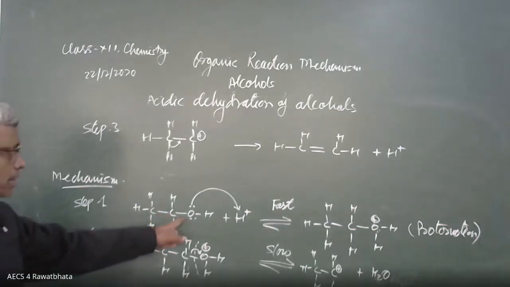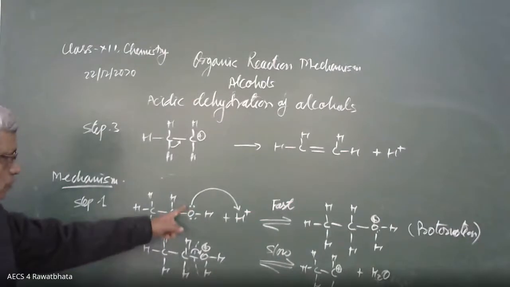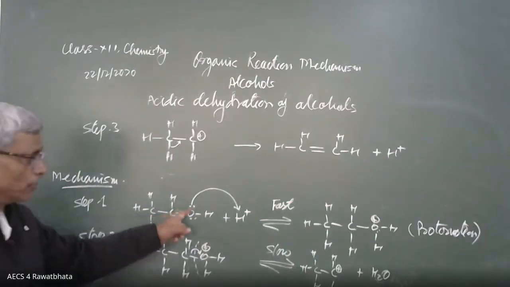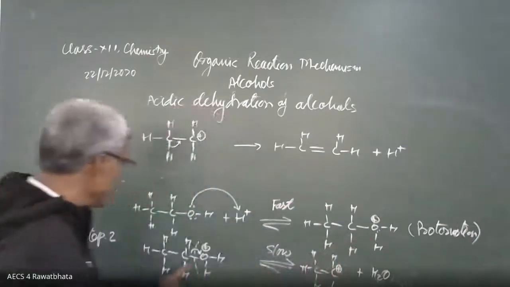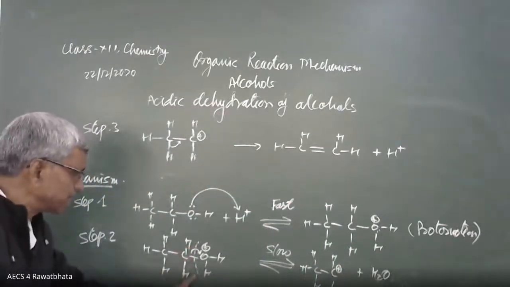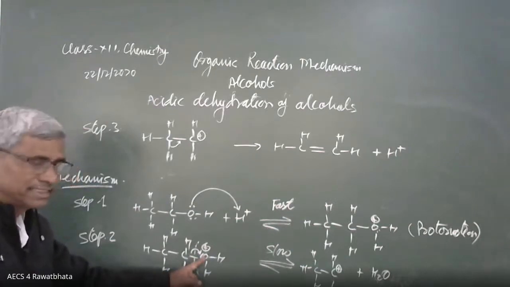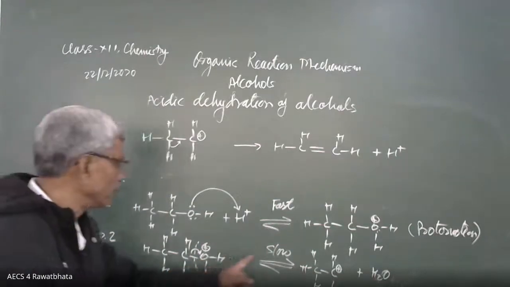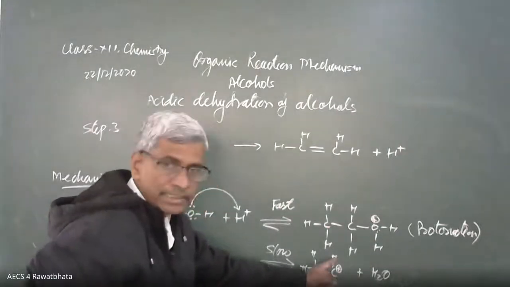This is the mechanism of acidic dehydration. Step 1 is protonation, where H positive from acid joins with the oxygen to form a protonated alcohol like this. This protonated alcohol, after breaking this bond, shared electrons are transferred completely towards oxygen, and this comes out in the form of H2O with the release of a carbocation. Here is a carbocation.